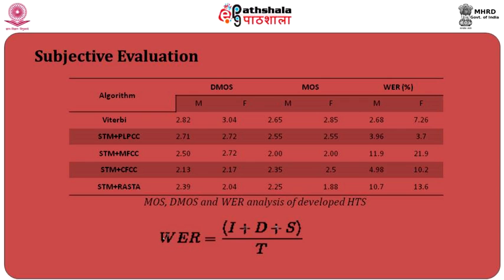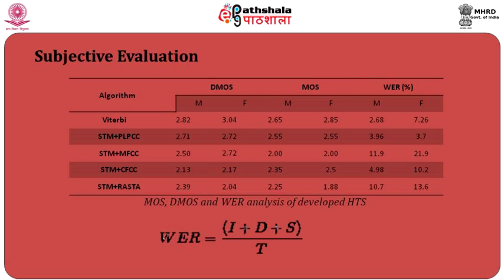Now, we'll move on to objective evaluation. A widely used perceptual distance measure is used for measuring the accuracy of the spectral envelope of the synthetic speech with respect to natural speech. We have used dynamic time warping, which is a DTW-based approach, to align natural speech and synthetic speech, as both have different durations.